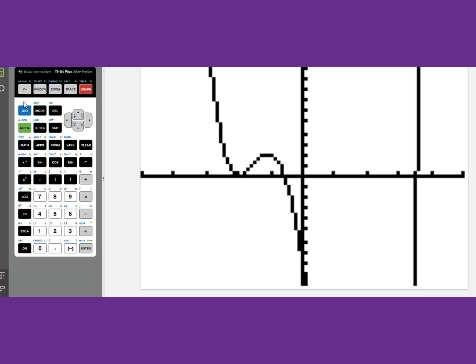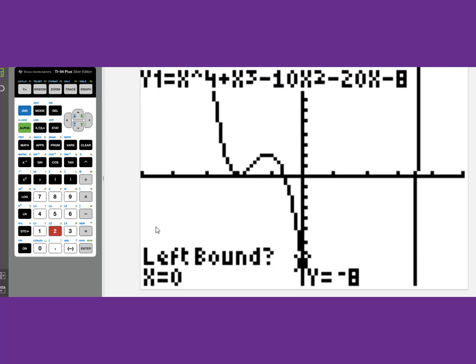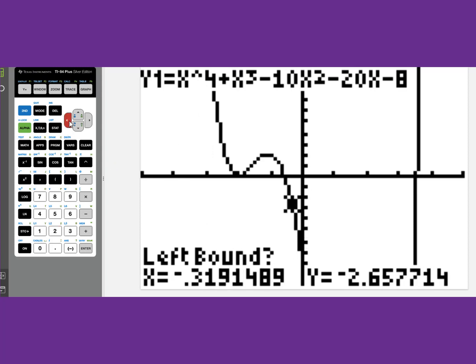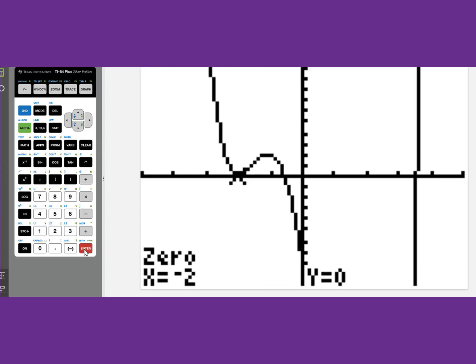So we go to second trace, go to 2. I will move the arrow. I'm looking for the very left side of this 0. So this left bound, I press enter. Then I move the arrow this time to the right bound. Then I enter.